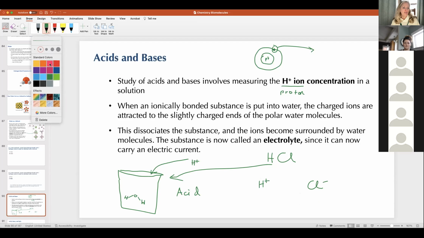And it's going to be all the O minus ends that will be forming that sphere complex around this H plus, just like it did around the sodium, Na plus. Do you get that? Keeping the hydrogen and the chloride apart from each other.